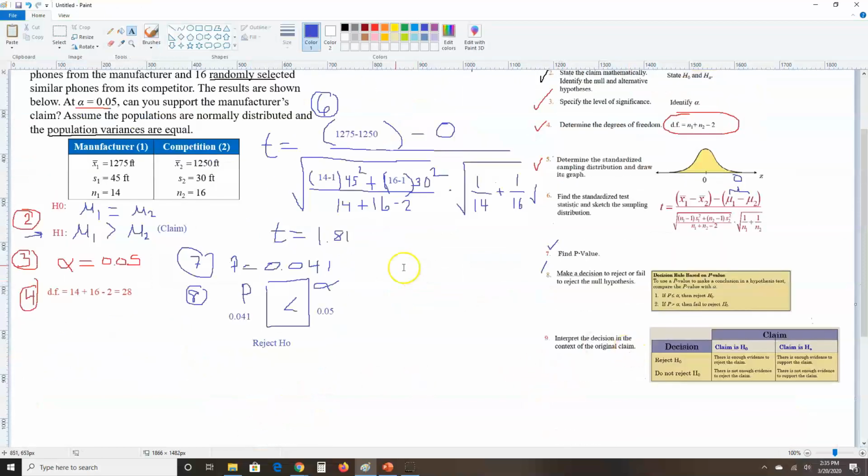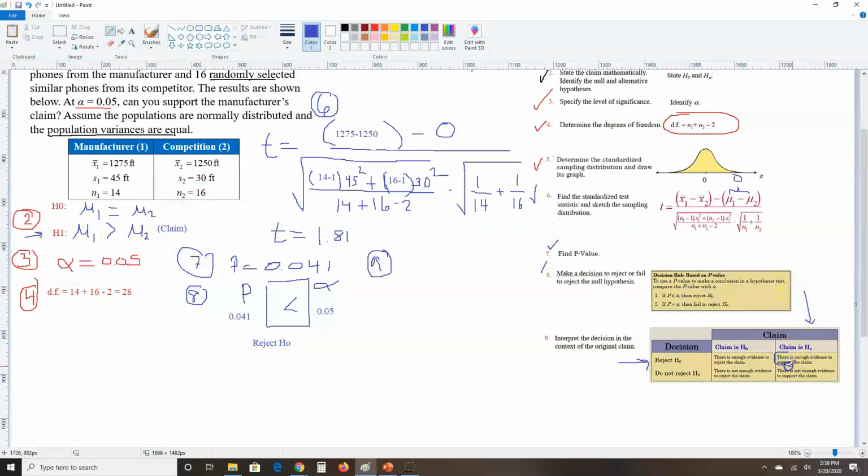Now we're going to do step number 9. Okay? And that's when we make the interpretation. How? Using this chart. You need 2 things. Your decision. Well, my decision, step 8, was to reject H0. So I'm in the first row. And I need, where is the claim? That's what I asked you to put in parentheses, the word claim. And the word claim is in H1, so I'm in the last column.